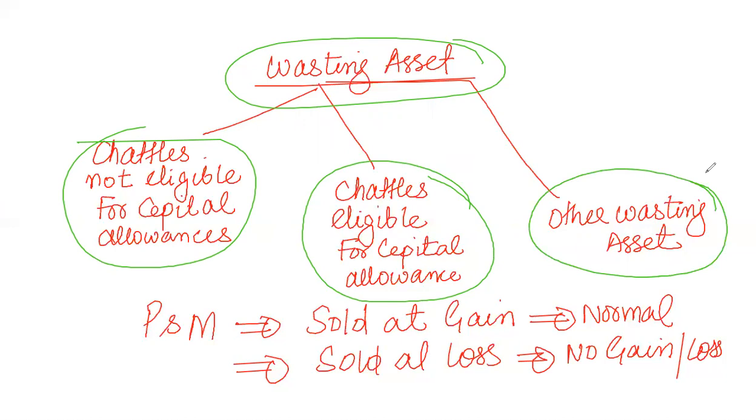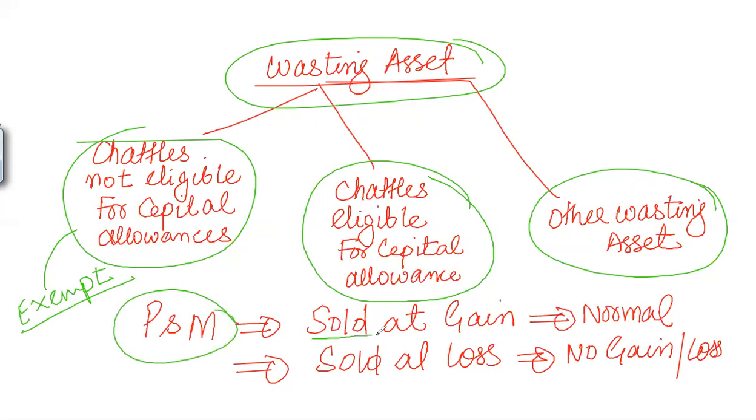Those chattels which are not eligible for capital allowances and are vesting assets are exempt. No calculation is required. But as far as those chattels which are eligible for capital allowances, such as plant and machinery, then you have to see whether they have been sold at a gain.